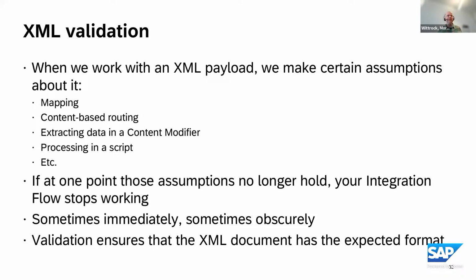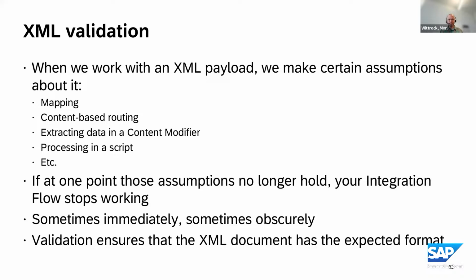And if at some point those assumptions no longer hold, then your integration flow will very likely stop working. It can do so sometimes immediately, just with an error failing the message, or it can also fail in more opaque ways.